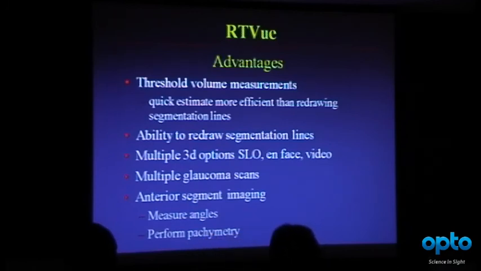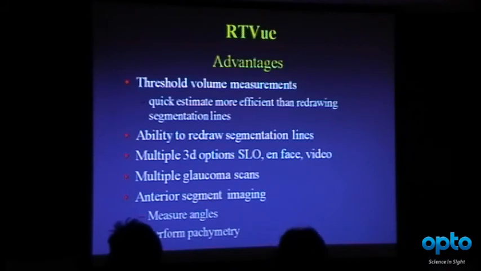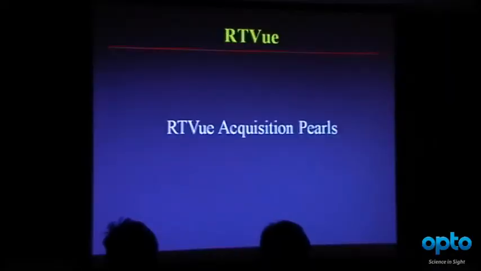So if you feel anything below 300 microns is in the normal range, you can very rapidly see how much of the macula is normal using this threshold volume measurement. If the software makes a mistake and the segmentation line is not accurate, you can redraw the segmentation line automatically. There are multiple options for 3D imaging, multiple glaucoma scans, and of course anterior segment imaging as well.